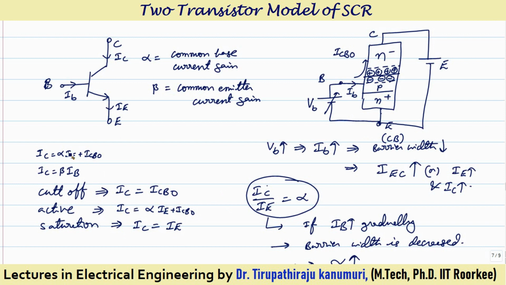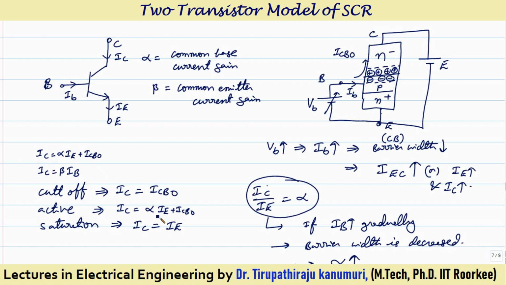To write this in a generalized way, in the case of cutoff region, this disappears, so I can represent it by alpha equal to 0. In the active region alpha has some magnitude, and in the saturation region IC is equal to IE, or we can say alpha becomes equal to 1.